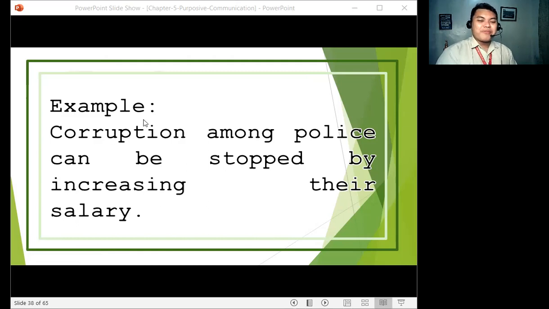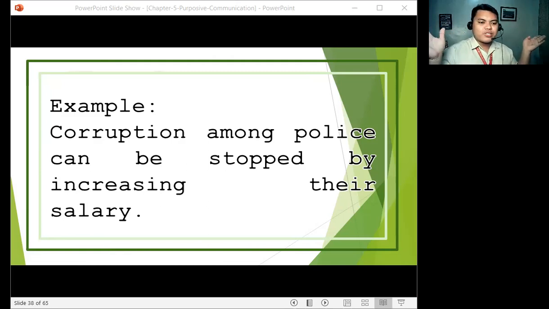This example implies that if these police experience an increase in salary, then there is no corruption at all. That is a misinterpretation. That is oversimplification because you are just checking one aspect. It is an oversimplification to look at the problem of corruption, which is definitely complex.